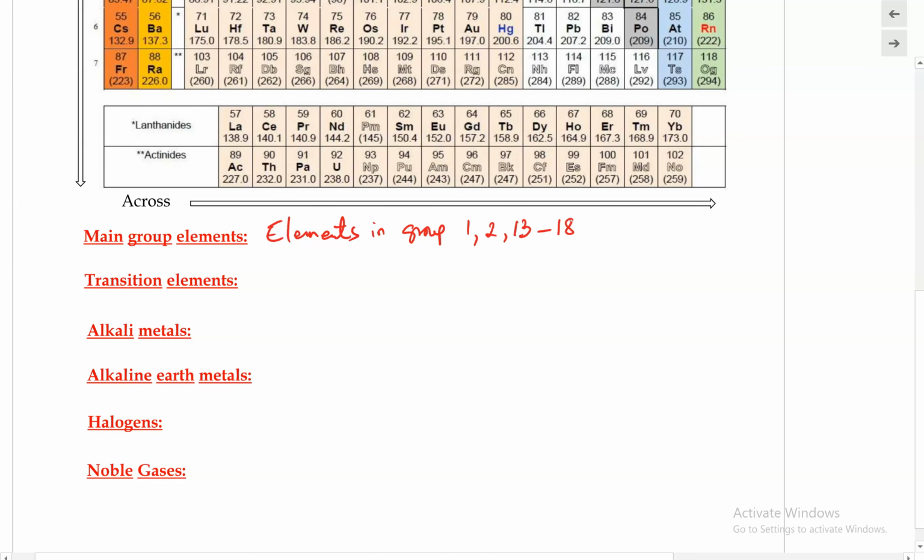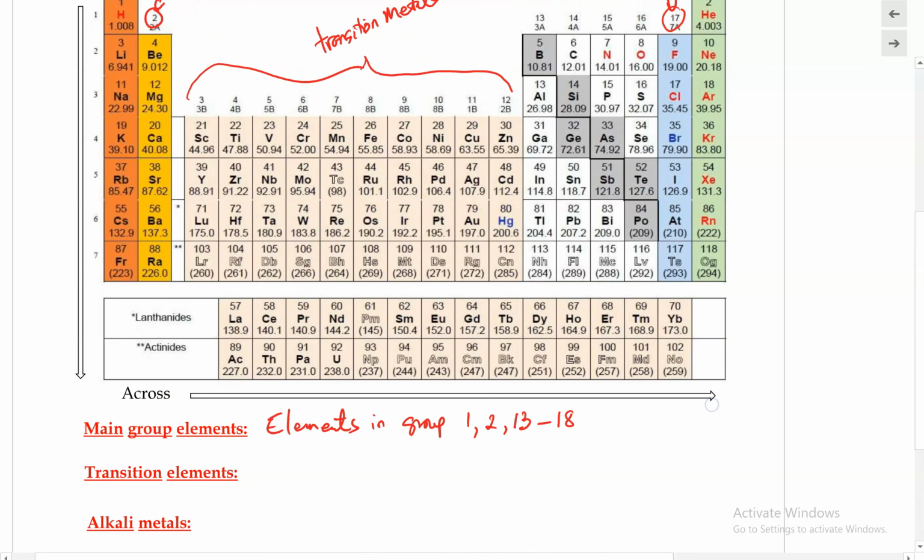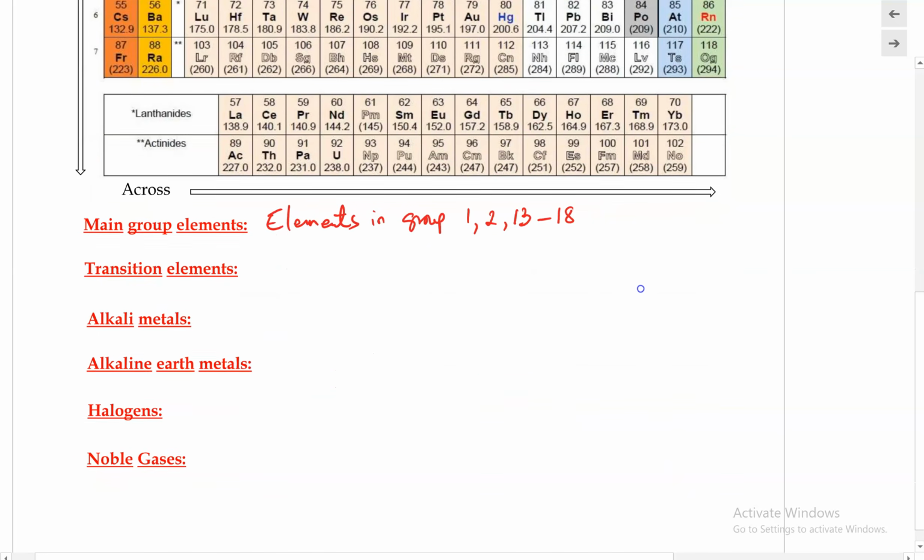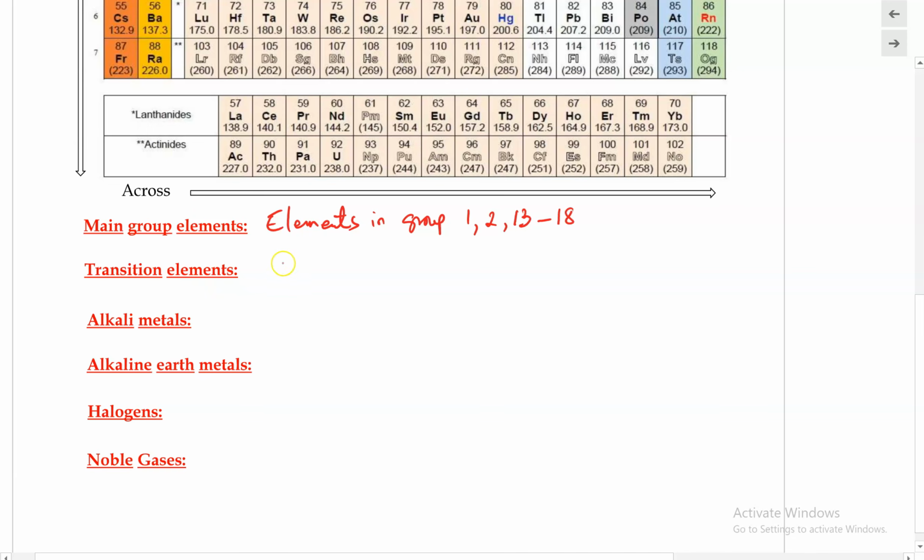Versus elements in group 3 to group 12, these are basically called the transition metals. So transition metals refer to elements in groups 3 to 12.